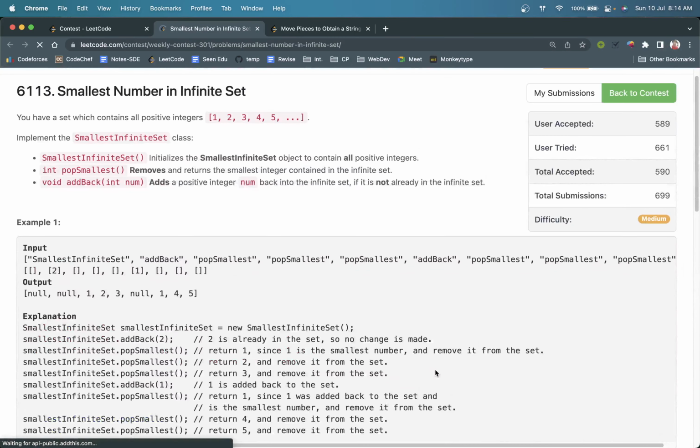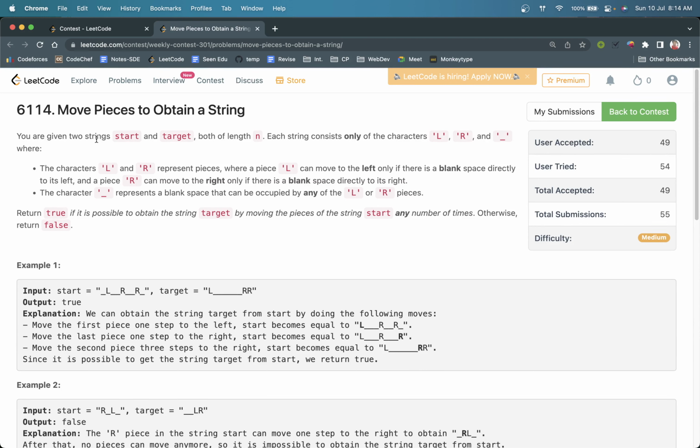Moving to the fourth one: you are given two strings start and target, both of length n, and each string consists only of the characters L, R, and dash. The characters L and R represent pieces, where an L piece can move to the left only if there is a blank space directly to its left.